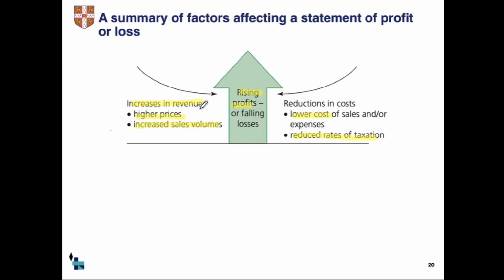If these things increase, it will increase our profits. If our cost of sales or the cost of other expenses or overheads reduce, that would lead to an increase in our profits. And if the rate of tax also reduces, that would also increase our profit.